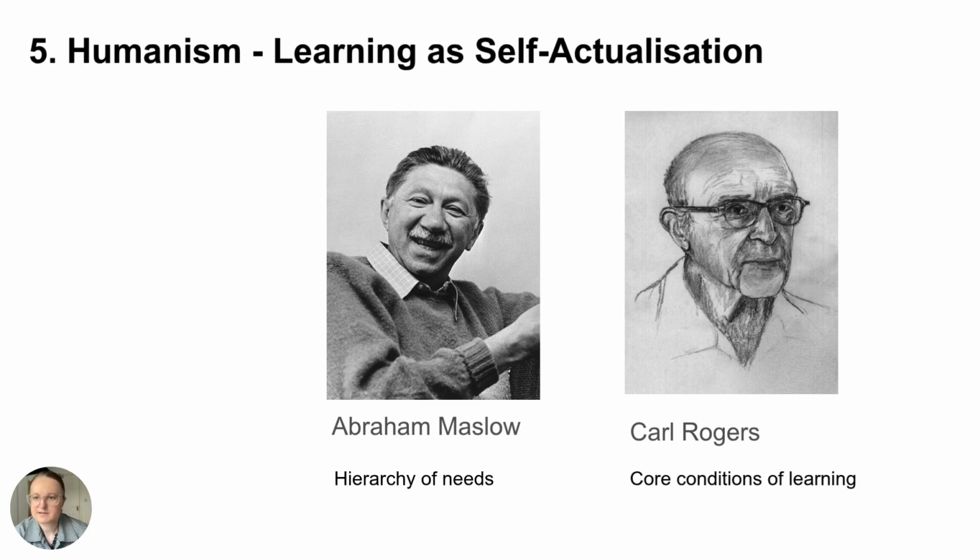Carl Rogers built on this with his core conditions of learning, proving that students thrive when they experience empathy, authenticity, and the unconditional safety to take intellectual risks. Ultimately, humanism shows that true learning requires emotional security and total self direction.